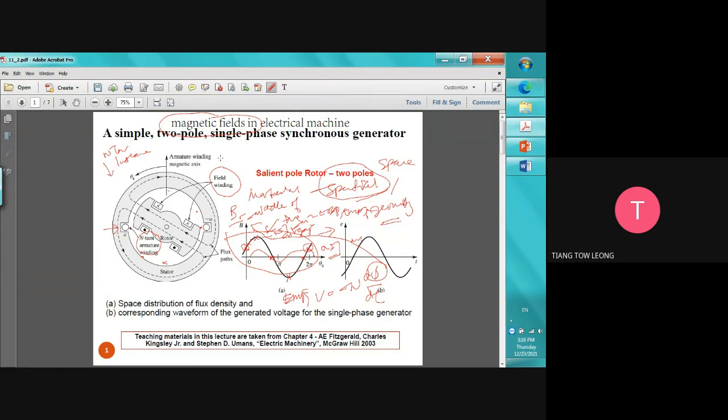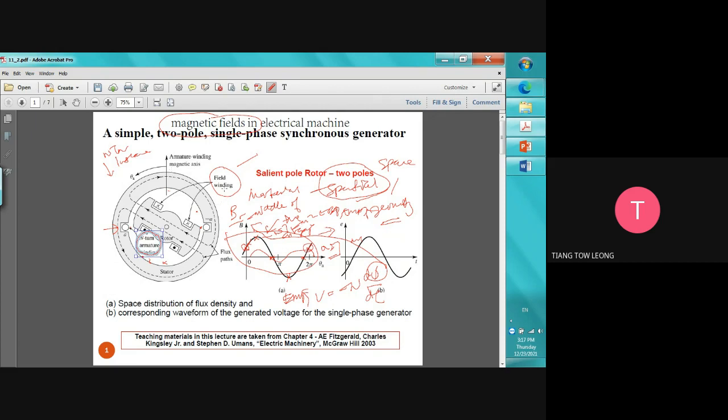So in order to make a movement, either repulsion or attraction, we need two magnets, one from the static part, one from the rotating part. So that's why we have a magnetic field from the armature winding and a magnetic field from the field winding.